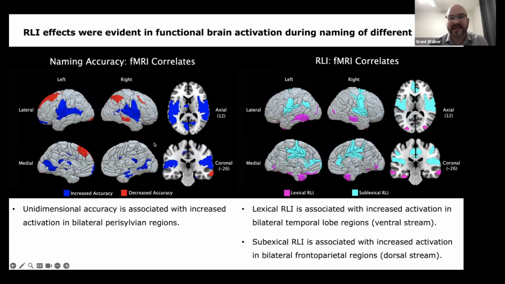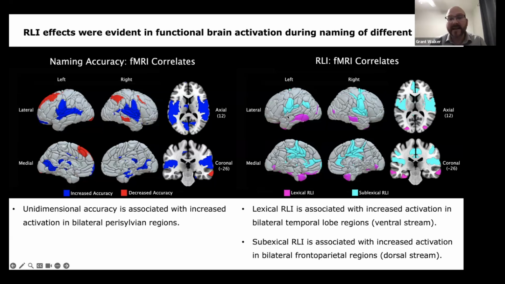But what is interesting is that there is this additional independent effect of the RLI. So after you've accounted for accuracy, the more trouble that somebody has with the sublexical test, the more they're activating their dorsal stream here. And likewise, the more trouble that they have with the lexical test, the more they're activating their ventral stream here.